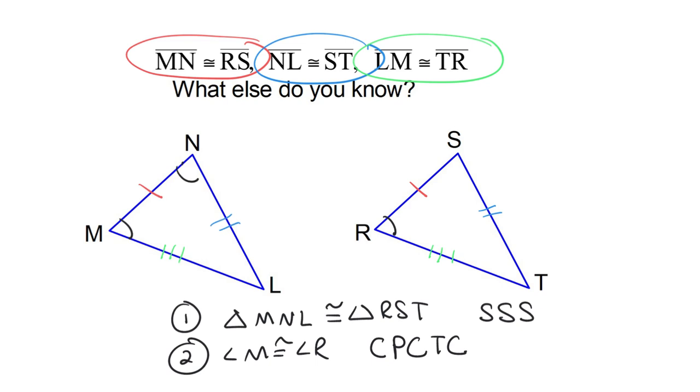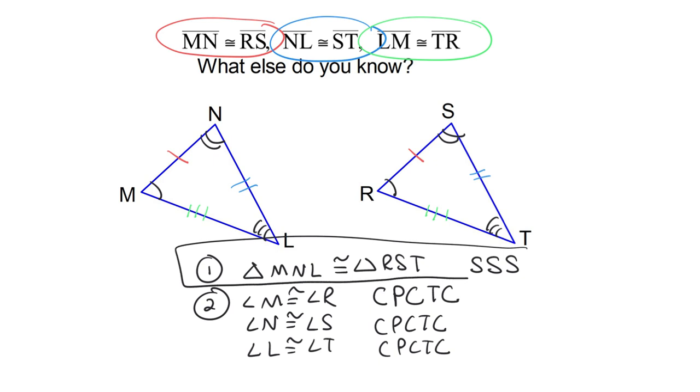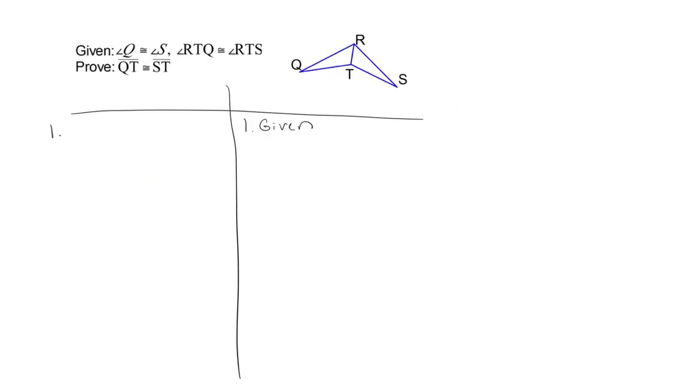I could also say that angle N is congruent to angle S using CPCTC. I could also say that angle L is congruent to angle T using CPCTC. So you first always have to prove that the two triangles are congruent, and then once you have that, then you can say their corresponding parts are congruent.